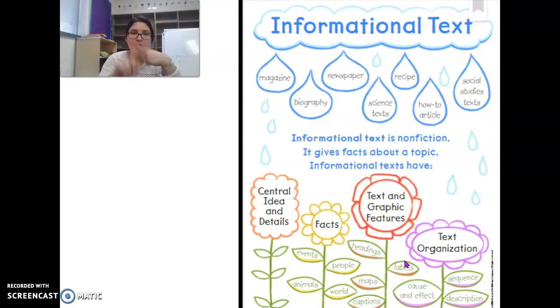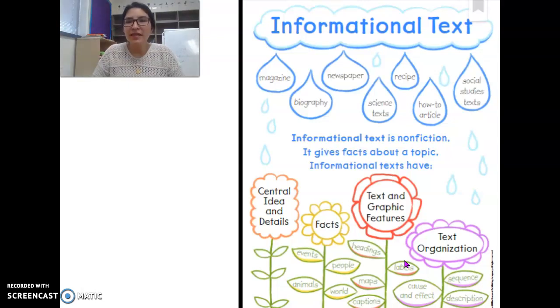We've gone over photographs, headings, labels, diagrams, maps, captions, drawings, so many different ones, okay? Text organization is how a text or story is organized. So maybe you have the words like first, next, then, last, first, second, third, fourth, okay?